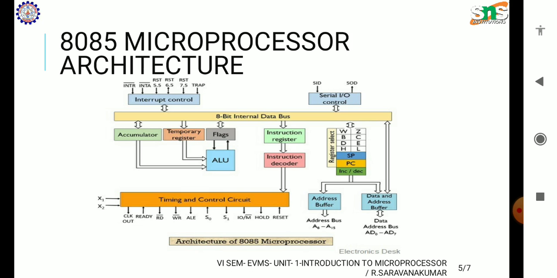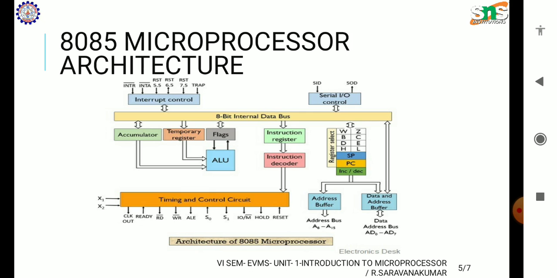Then these data bus wires are connected to electronic components like the accumulator, temporary register, and flags. These are all connected to the arithmetic logic unit, where all the calculating and computing is carried out. On the other hand, this data bus is also connected with the instruction register and instruction decoder, which is connected to the timing and control circuit.